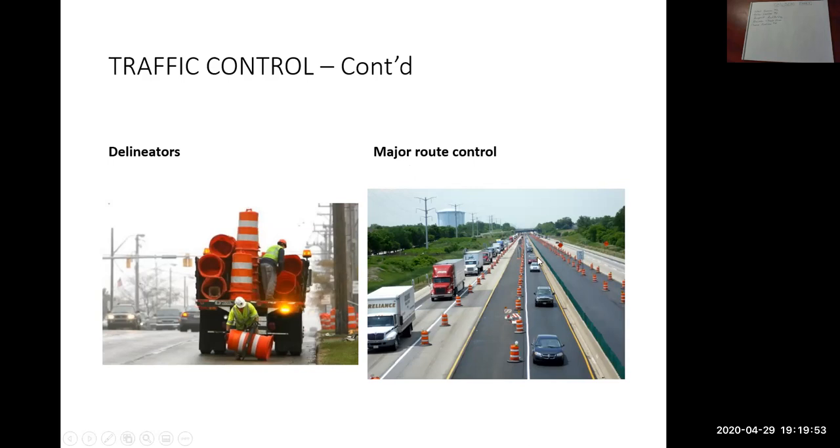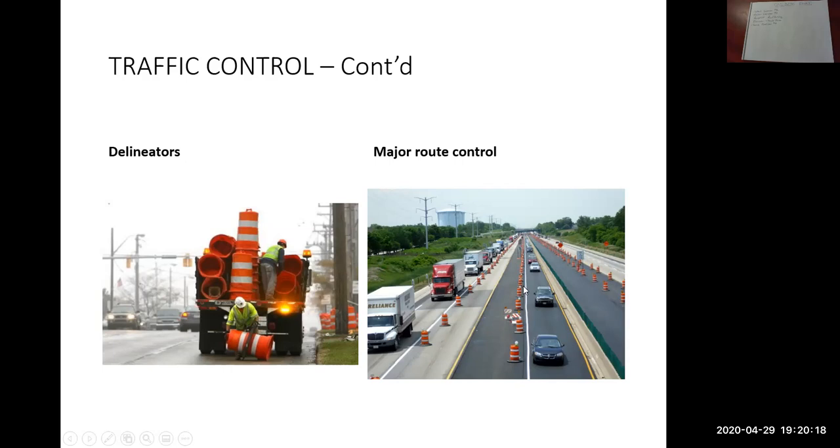So here's a major route. It looks like it's a highway. So a 3, 4, 5 lane highway. Looks like they have these center 2 lanes closed. They've got these big drums all the way down both sides, preventing traffic from coming into the closure. Same thing over on this direction of lanes.